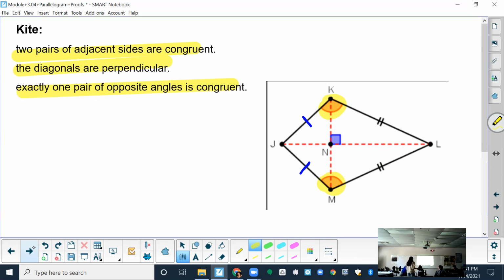So for kite, do they have both pairs of opposite sides congruent and parallel? Should be no, because for a kite exactly one pair of opposite angles are congruent, so you would not put A in the kite box.